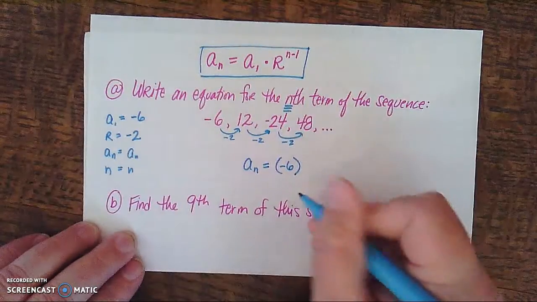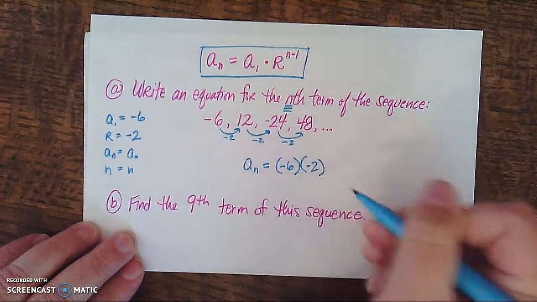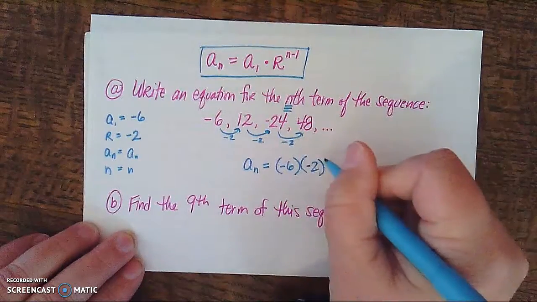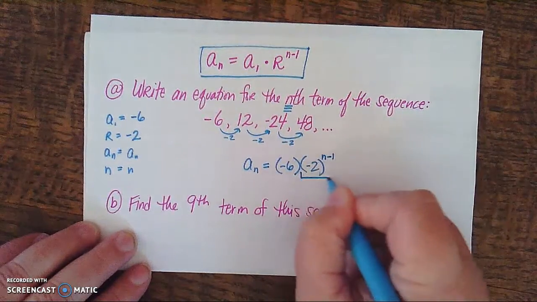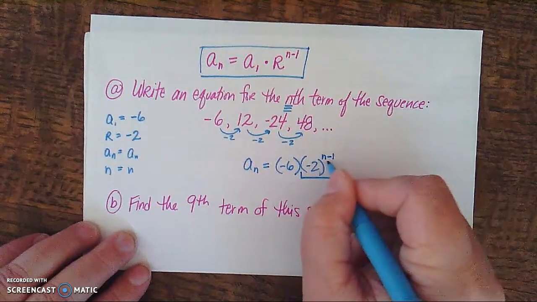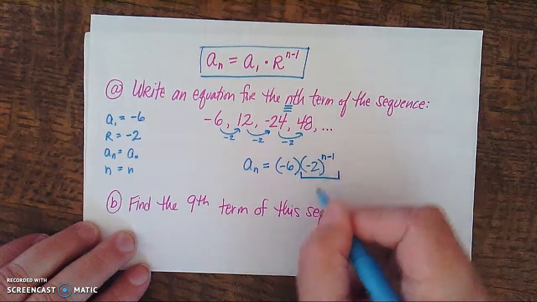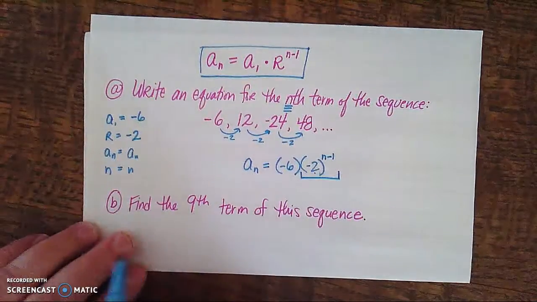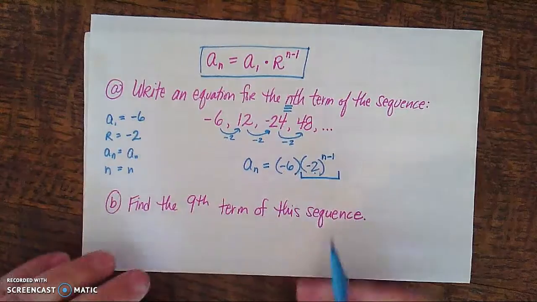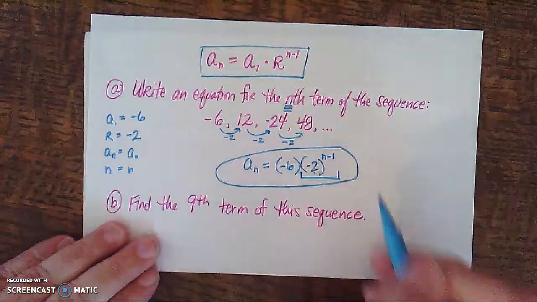R is our common ratio, that's -2. N stays as n minus 1. To be clear, only this part gets that exponent. You need to take this to that power first, not both of them. So that's your answer for part A.